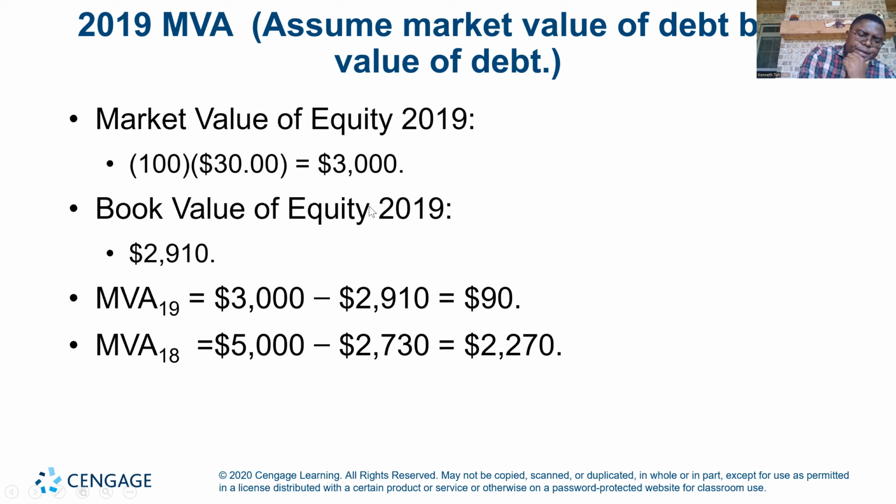Then the book value of equity is basically the total equity, and we can get this from the balance sheet. If we look at the total common equity, that gives us the book value of equity. So we can now calculate the market value added for 2019, which is the market value of equity minus the book value of equity, and that gives us 19 million.